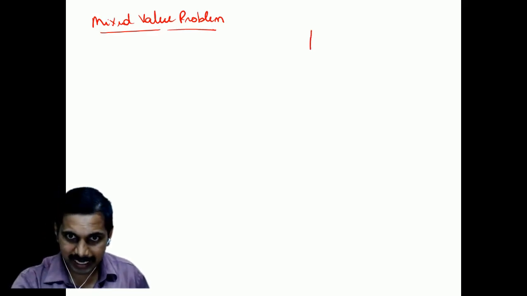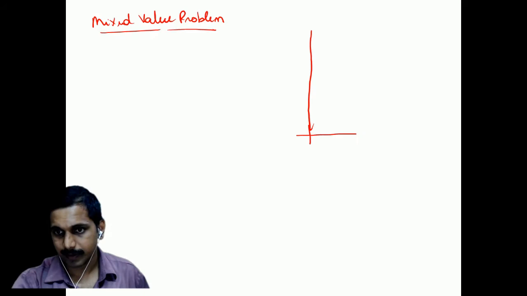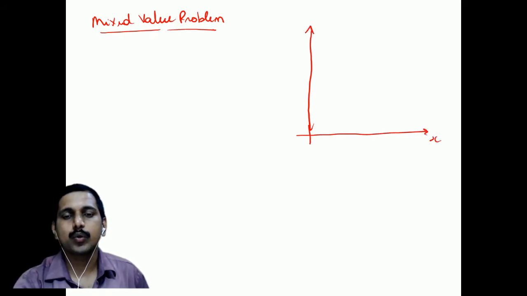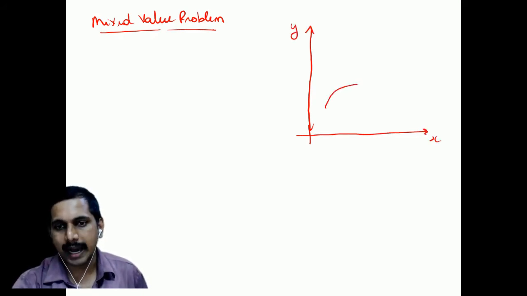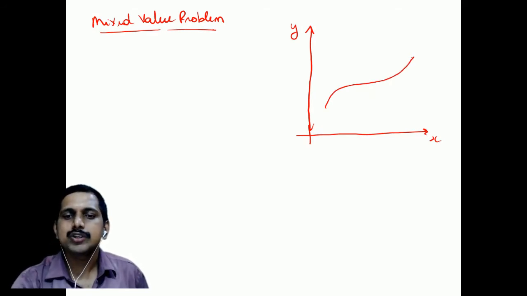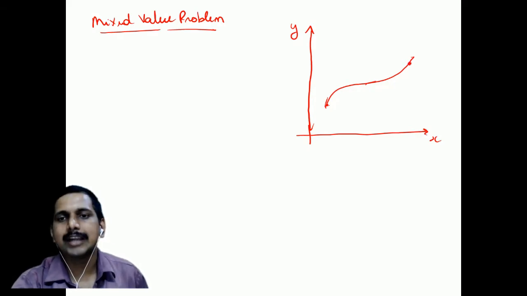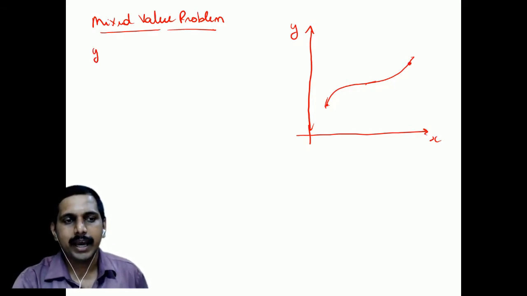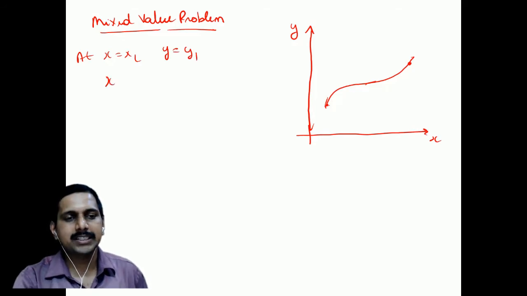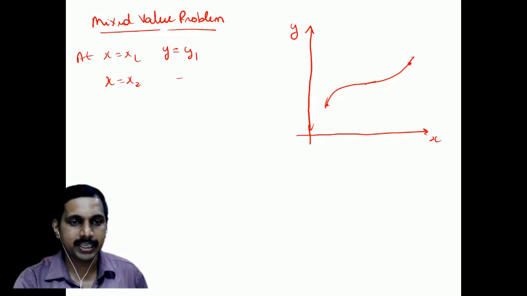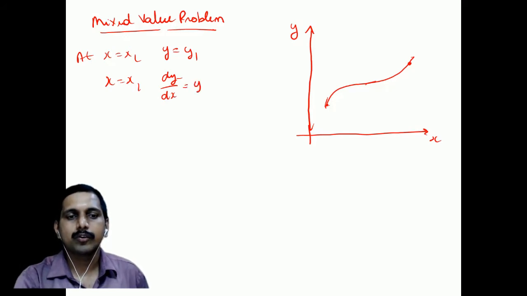In the sense that, if you have x, you have y, and you have a slope. We give slope at few points and we give values at some points. You say y at x is equal to x1, y is equal to y1; x is equal to x2, y is equal to y2; x is equal to x1, I can say dy by dx is equal to y1 dash.